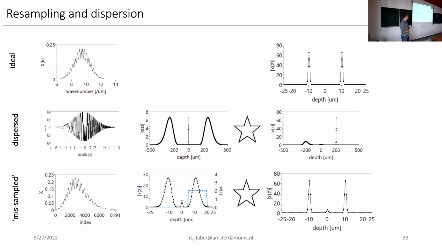There too, you can do a correction, which basically brings it back to the ideal form. So even though these effects are all there, with numerical post processing, it's possible to get the resolution back to what it should be.